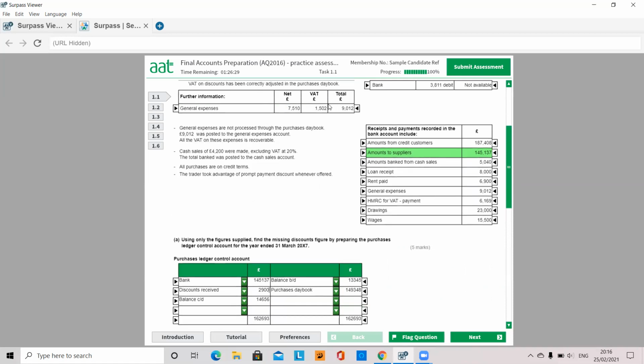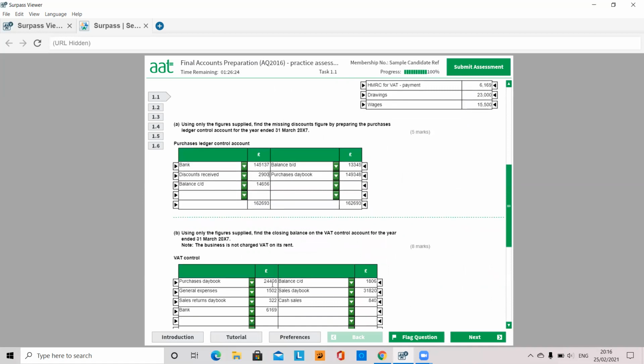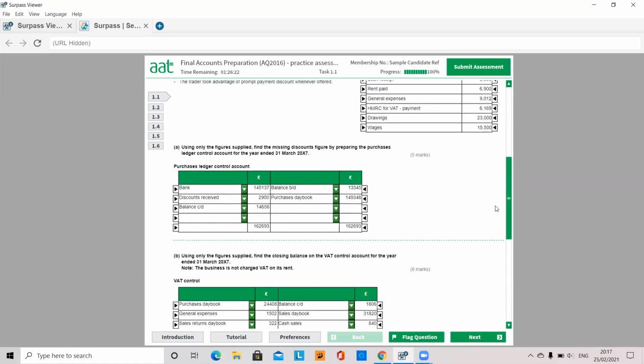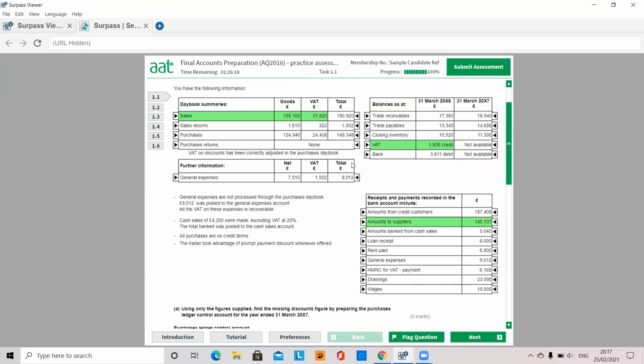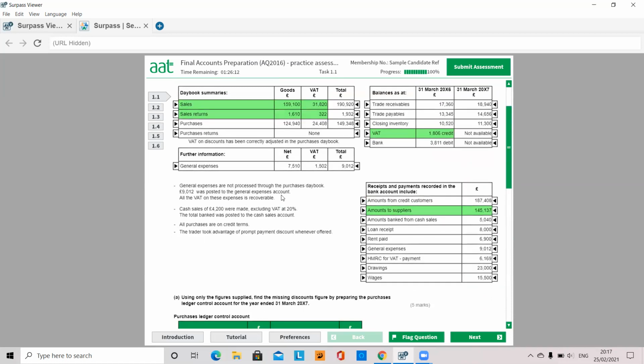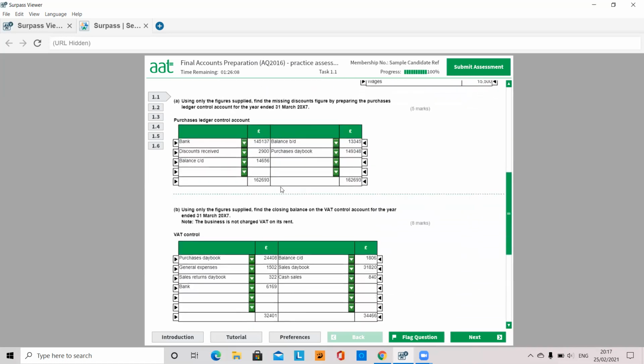So general expenses were 1502. So we're going to put that figure in. Again, it tells us in the question we've got sales returns this time. So sales returns, as we know, is also a debit. So therefore, we're going to debit sales return 322. And you can see we put the figure in there.